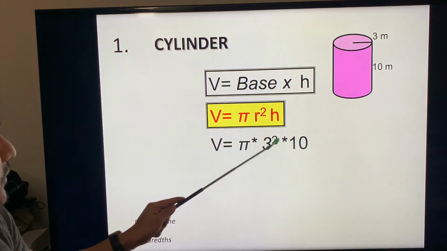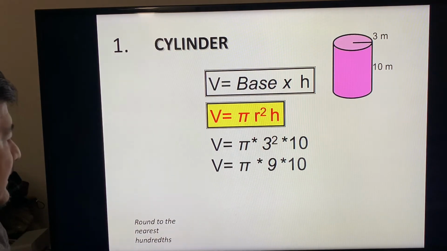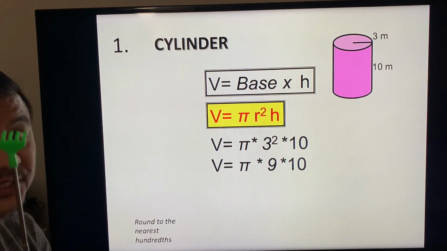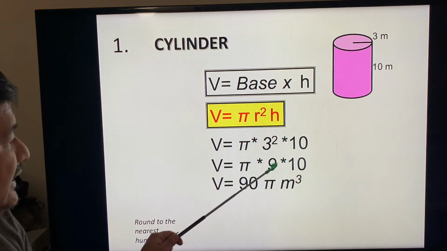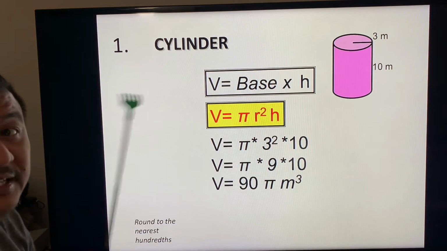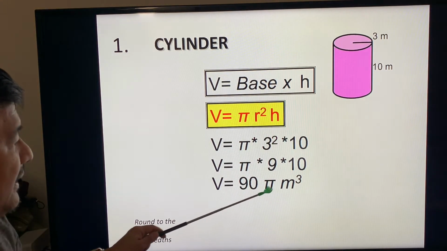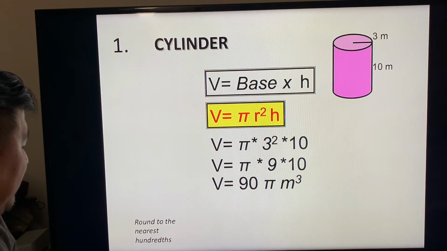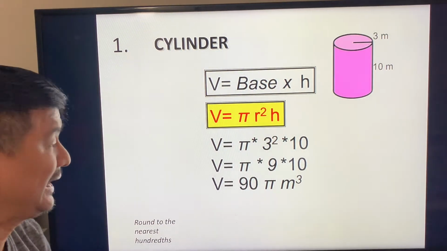So 3 squared will be 9. Bring down your 10, bring down your pi. Then I could multiply. It's easier to multiply first the whole number. So 9 times 10 is 90. Leave the pi at the end. Pi would be next, 90 pi cubic meters, but it says round to the nearest hundredths. Therefore, I need to use my calculator.